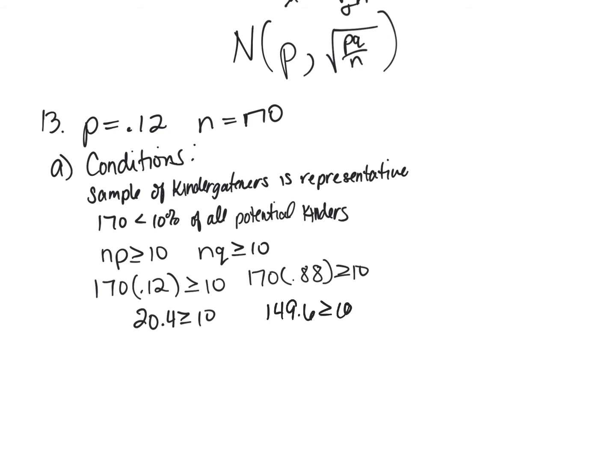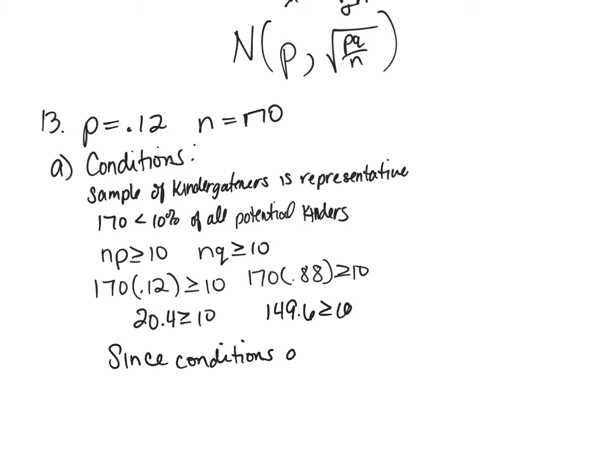Stupid mask. Okay. So we have to answer the question. The question was, can we apply the central limit theorem to use a normal model, basically? So, since conditions are met, you're going to get really tired of this sentence, but it's really important that you understand why you are checking the conditions.